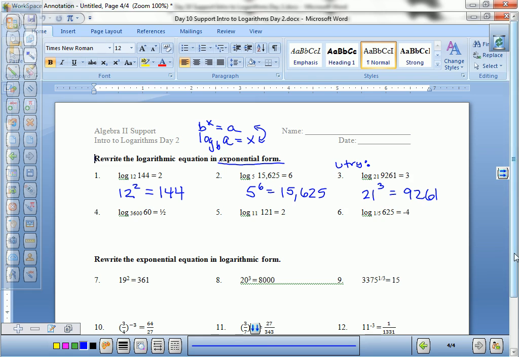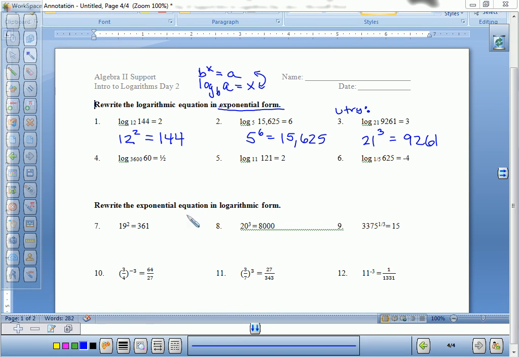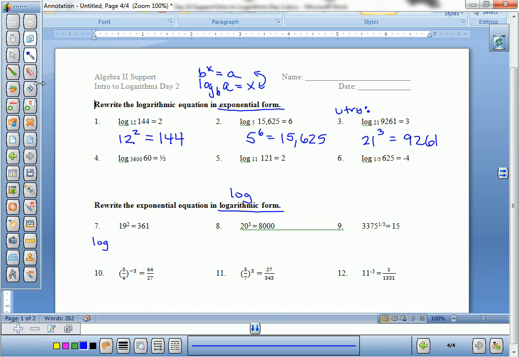Now, I'm going to skip 4, 5, and 6. I know some of you have already done them, and that's awesome. But I'm going to come down here to 7, 8, 9. So these are in exponential form, and let's see if we can go the other way with it, to switch it into logarithmic form. Sometimes I just write the word log for logarithmic form. All right, so logarithmic form always starts with log. And let me draw in my line, like this is my sheet of paper.